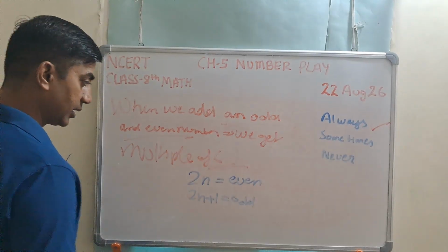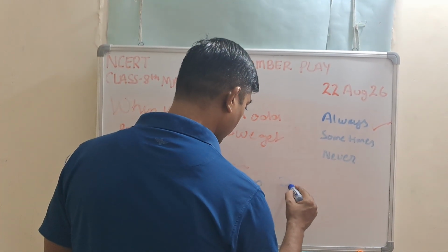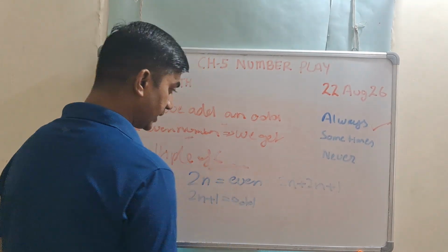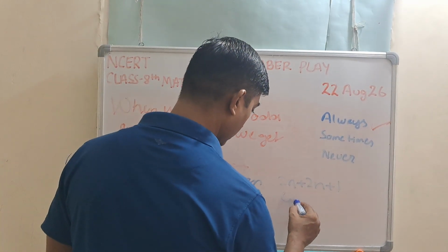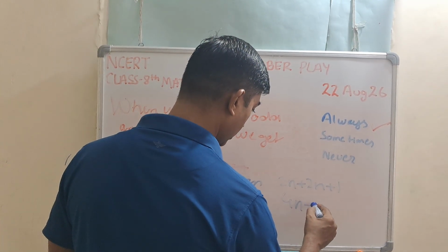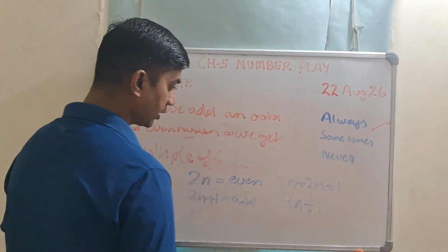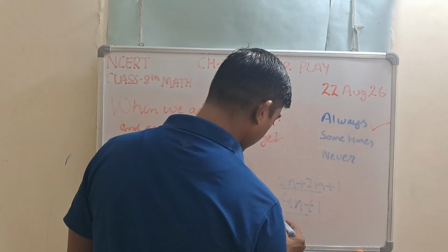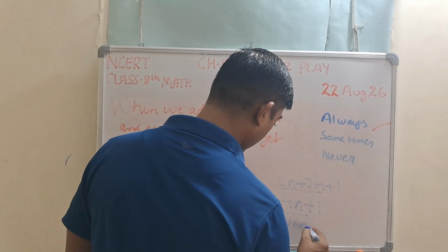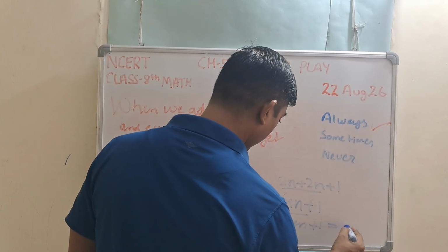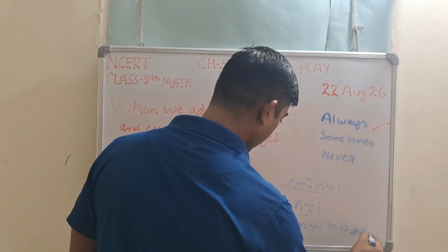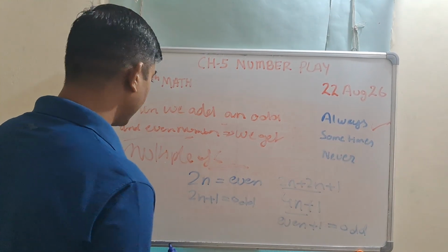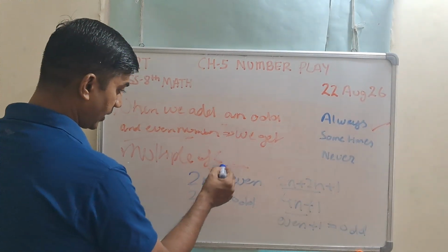Let's add these two numbers, 2n plus 2n plus 1. What is the result? 4n plus 1. Understood? Now this 4n is even, plus 1 is always odd. Understood?